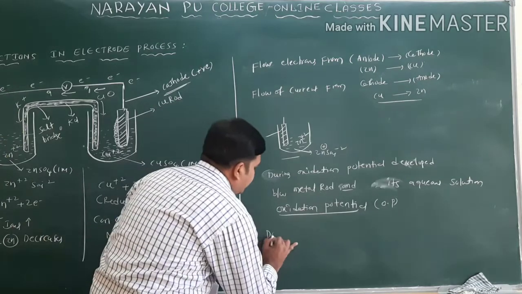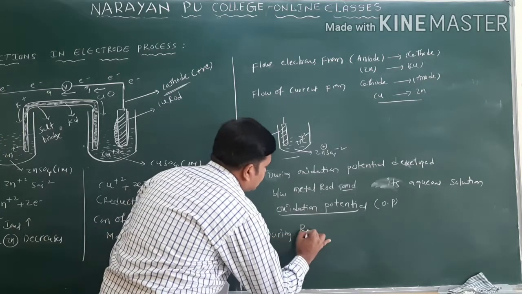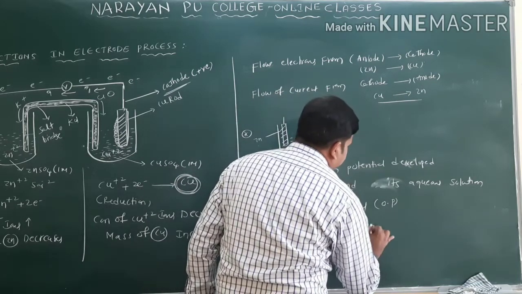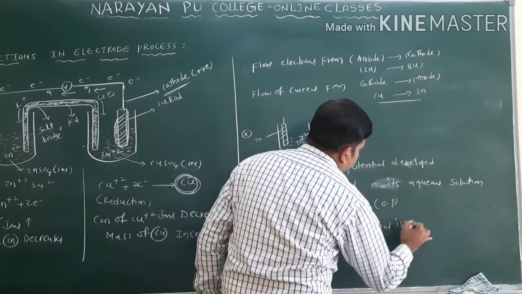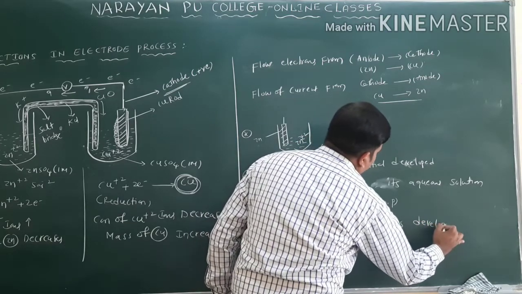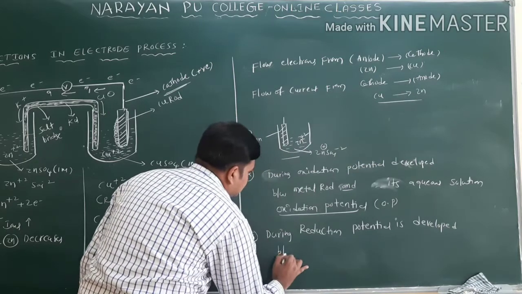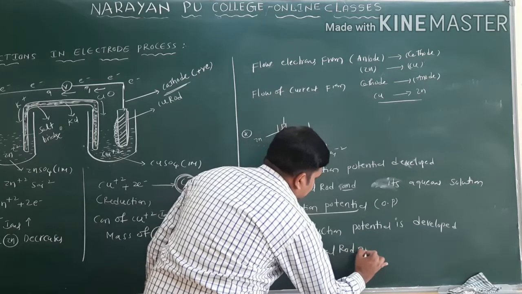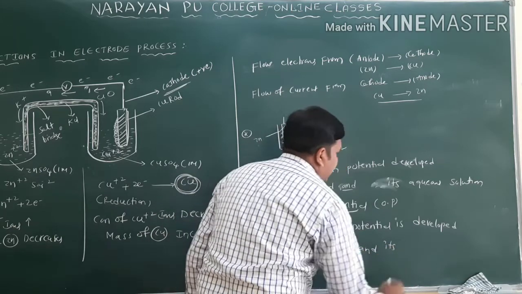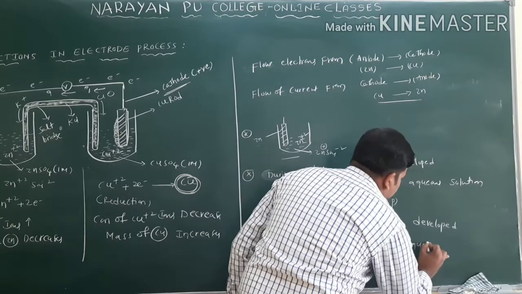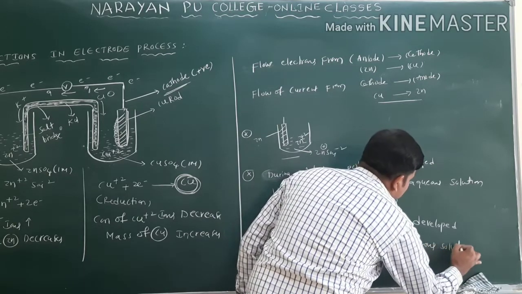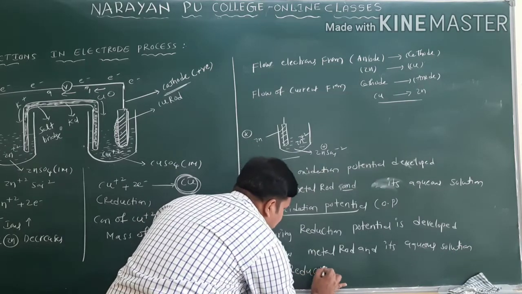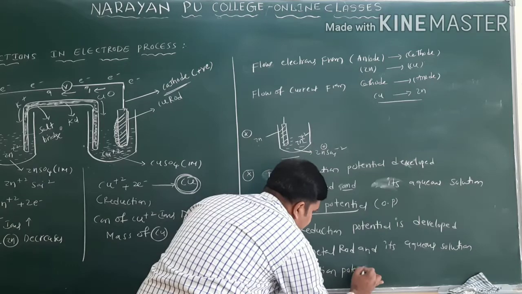So I will write one point here. During reduction, potential is developed between the metal rod and its aqueous solution, and this is called the reduction potential only.